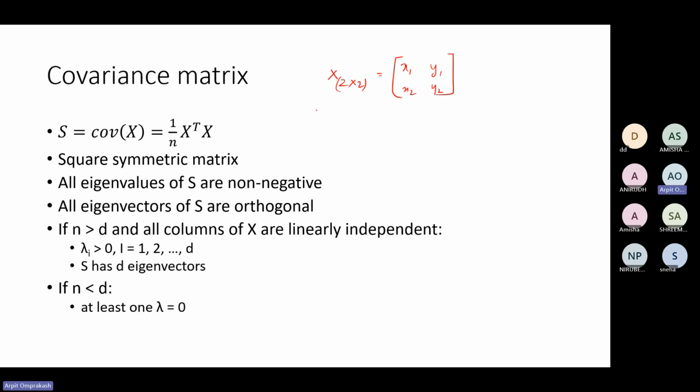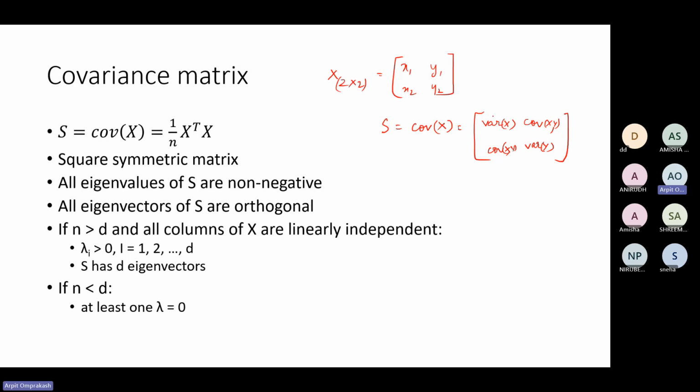So when we take the covariance of this, the covariance matrix of X will have the variance of X here, the variance of Y here, and here it will be the covariance of XY, and here the covariance of XY. Okay, the values in the matrix will be this.